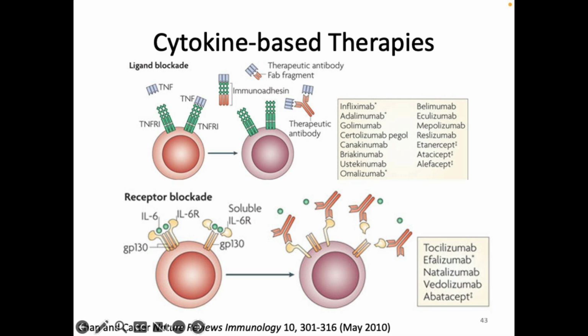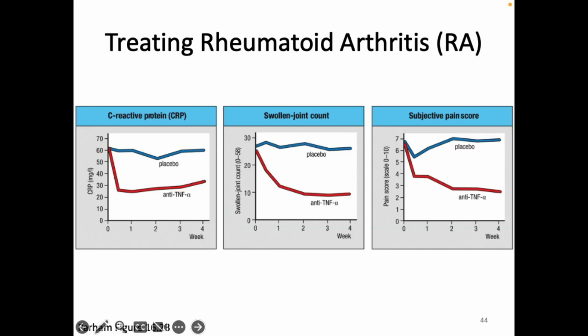We've done way better. Just to give you an idea, these are graphs. The blue lines are showing kind of levels of things in a rheumatoid arthritis patient. The red is showing what happens with patients who get anti-TNF. I can tell you from experience of members of my own family, life-changing in terms of these drugs, but those people are still somewhat immunosuppressed.